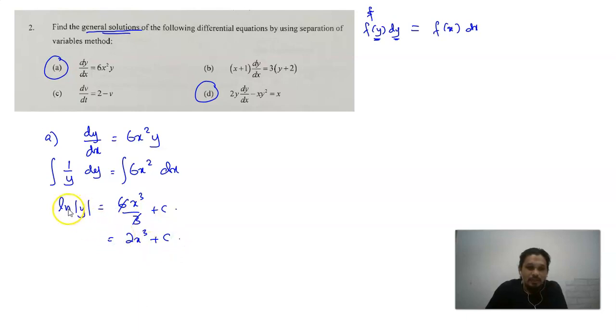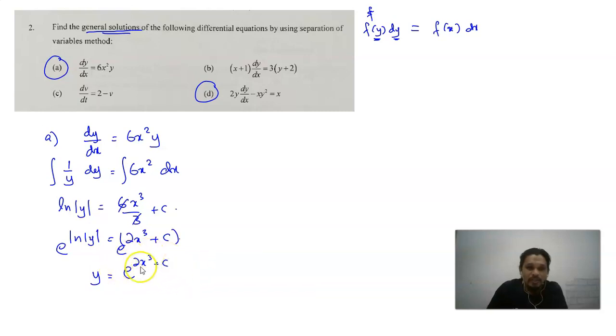To eliminate the ln here, we use Euler's constant e. So then y equals e to the power of 2x cubed plus c.